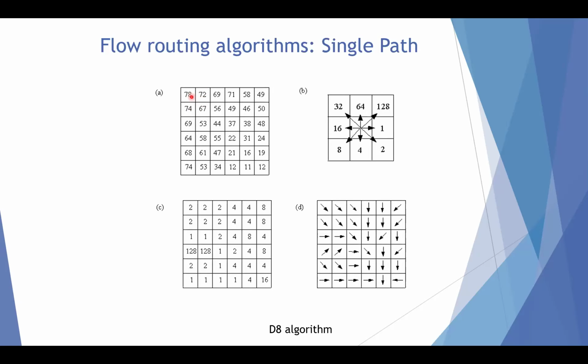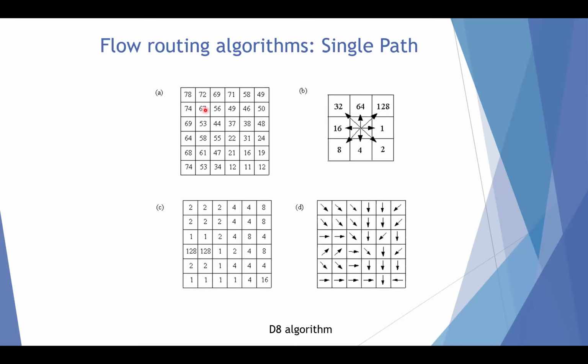The difference in elevation divided by the center to center distance of the pixel. For example, in this case, let us say that my pixel size is 10 meter by 10 meter. Then in this direction, the slope will be 6 by 10. In this direction, it is 4 by 10.